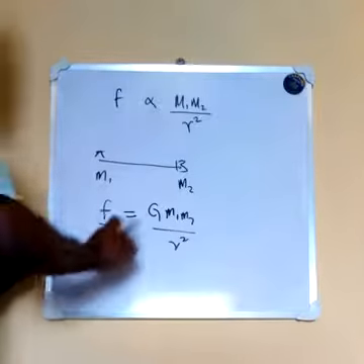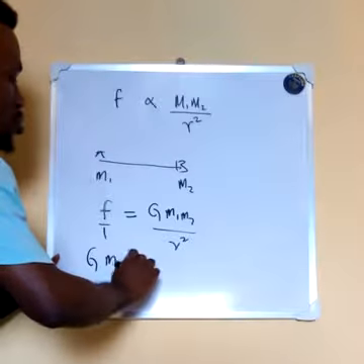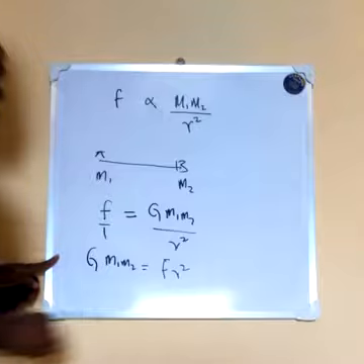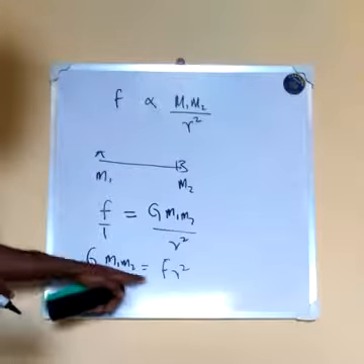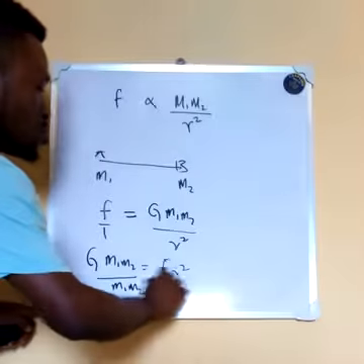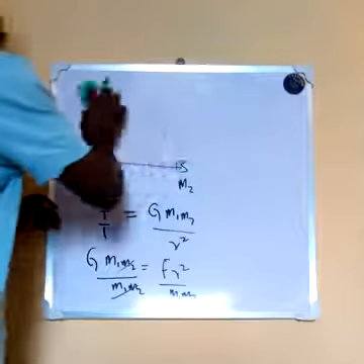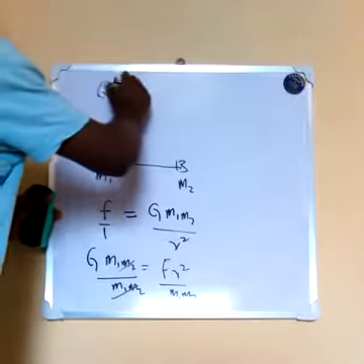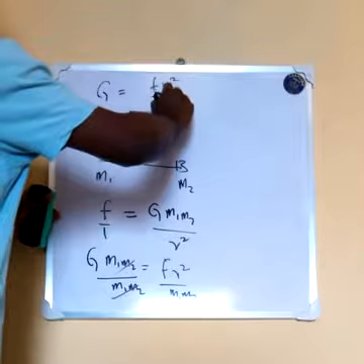So when you cross multiply, you have G M1 M2 equals F R squared. That is F times R squared. So you divide both sides by M1 and M2. So you have it over M1 M2, and this and this cancel. So you have your G now equal to F R squared over M1 M2.